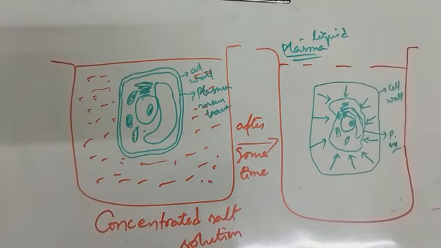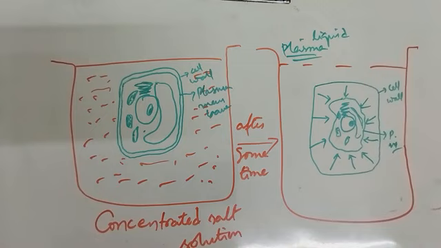When a plant cell is placed in a concentrated or hypertonic solution, the inner cellular contents move away from the cell wall. This phenomenon is known as plasmolysis.